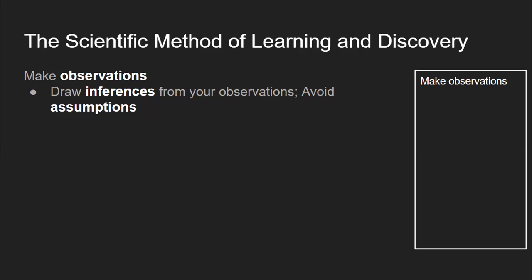And some key terms here, you need to understand the difference between inferences and assumptions. As you make your observations, you will be able to make some educated guesses about what you have observed. Those educated guesses are where you are making some sort of statement based on your observations.